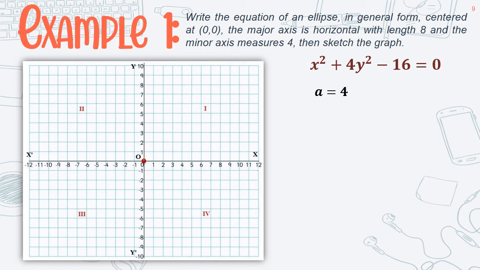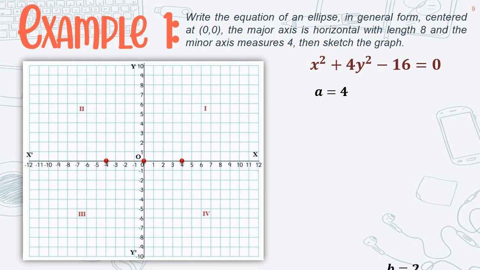Again, a is the semi-major axis, or half of the major axis. And according to our given, our major axis is horizontal. Therefore, we can count 4 units to the right and to the left of our center. So there we have the endpoints of our major axis, or there we have our vertices.